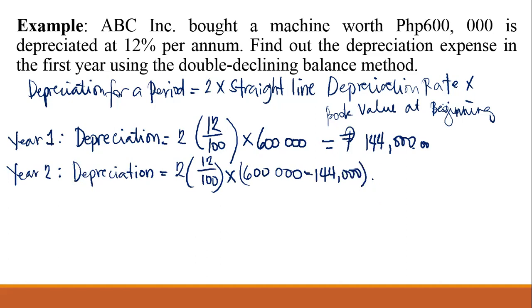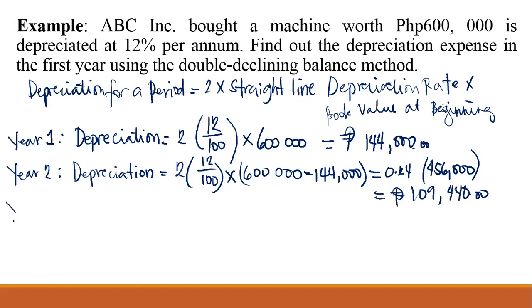Okay? So, this is equal to, ito yung value nito ay 0.24 times 456,000. So this is now equal to 109,440 pesos. So that is the depreciation of the machine on the year 2. So yung second year.